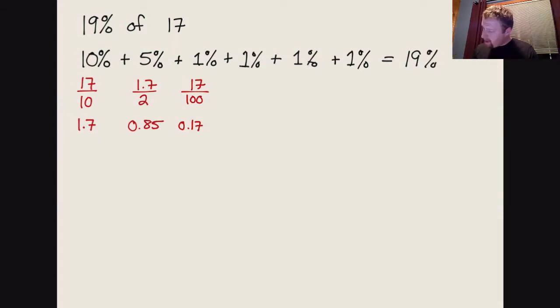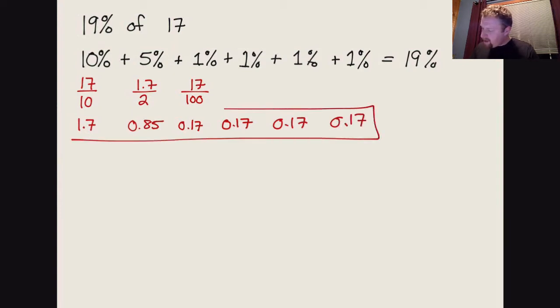So I'm going to have 0.17, 0.17, 0.17, 0.17. So when I add up all of these numbers, which is 10% of 17 plus 5% of 17 plus 1% of 17 four times, all of those numbers will add up to the number that is 19% of 17.